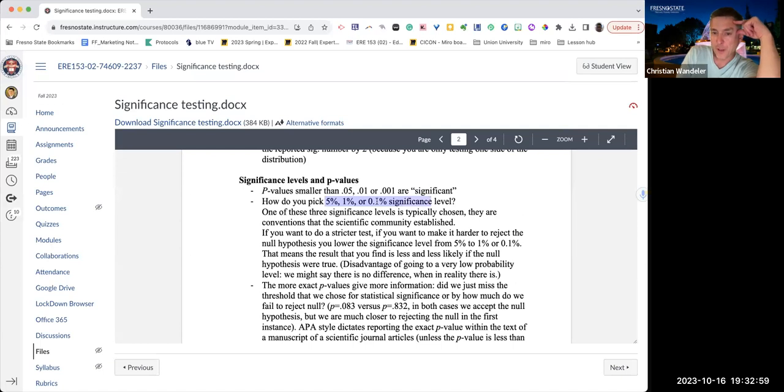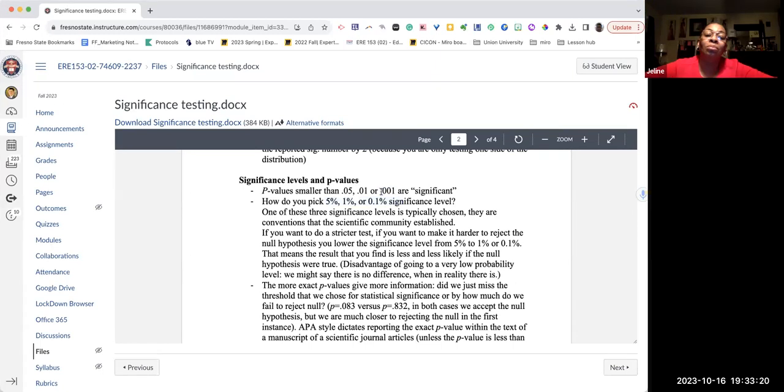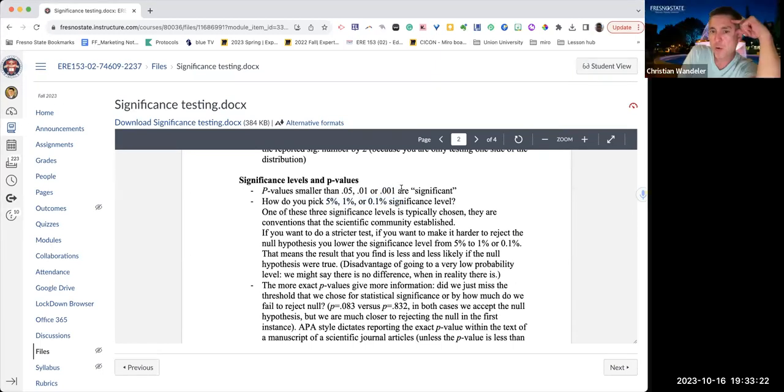If the p-value is 0.001, in SPSS it typically just shows us this. If you double click on it in the program, it'll show you more digits, but it typically cuts it off. But let's say for this example the p-value is 0.0005.